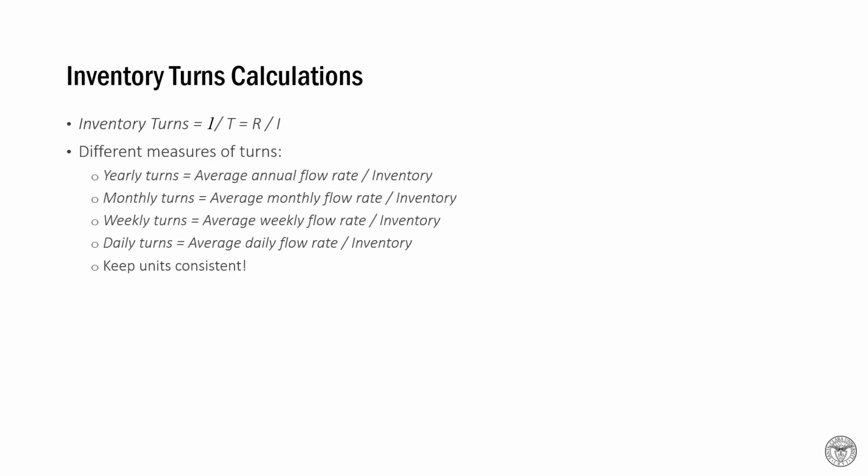This measure can be calculated for different time periods: yearly, monthly, weekly, or daily. But it is crucial to maintain consistency in units. For example, yearly turns is calculated as average annual flow rate divided by inventory, monthly turns as average monthly flow rate divided by inventory, and so forth.